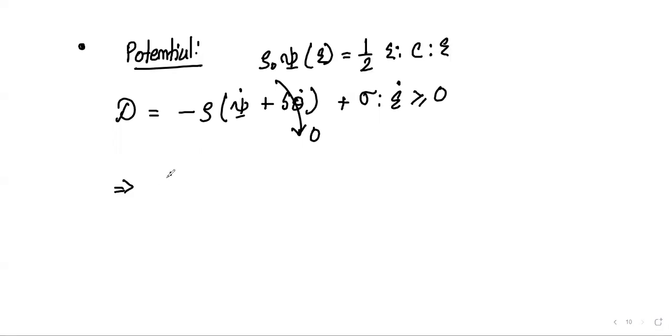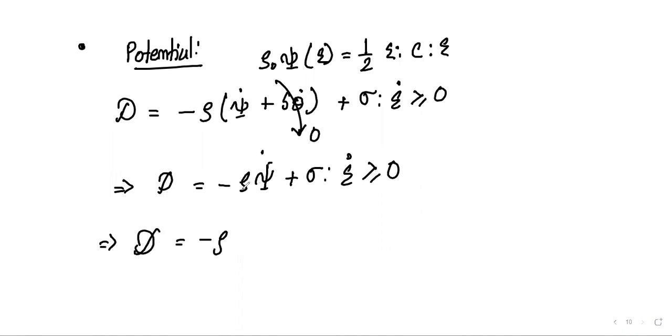So the inequality reduces to the form minus rho psi dot plus sigma contracted with epsilon dot greater than or equal to 0.